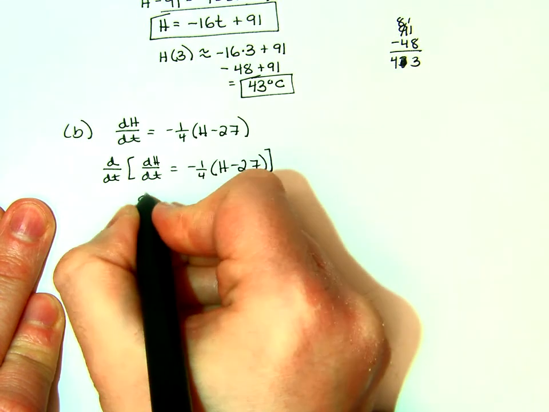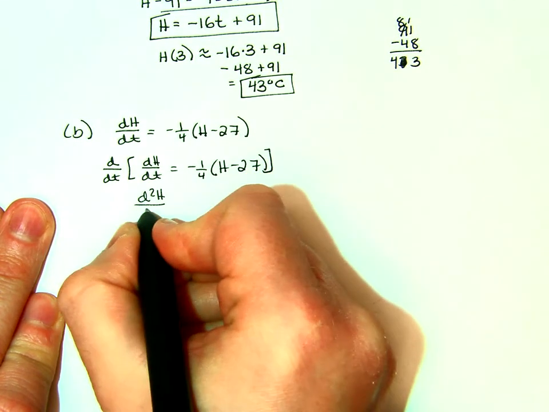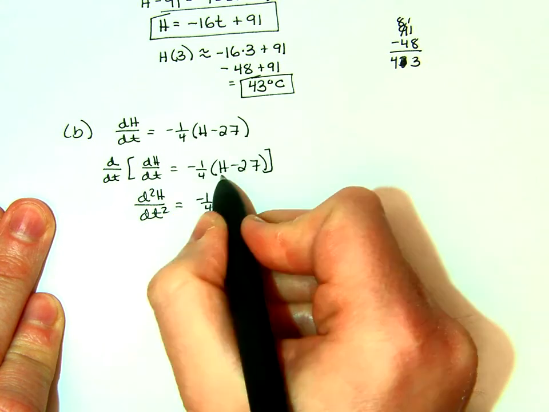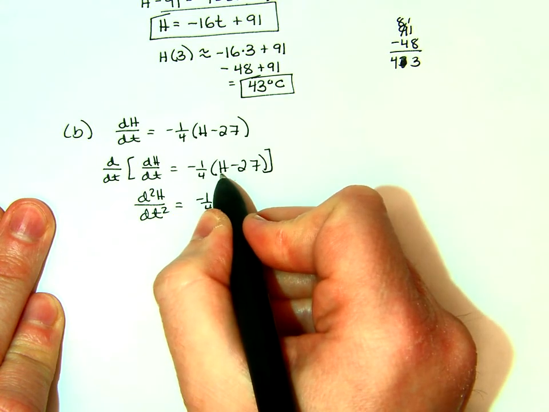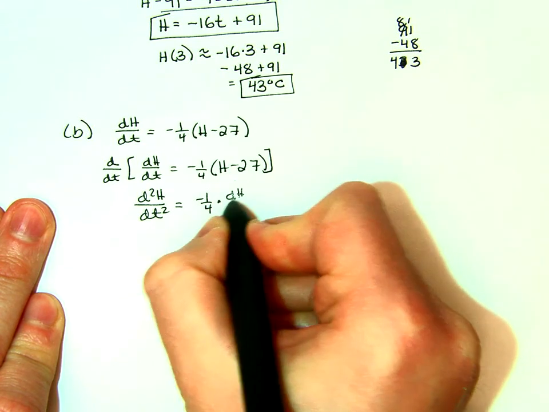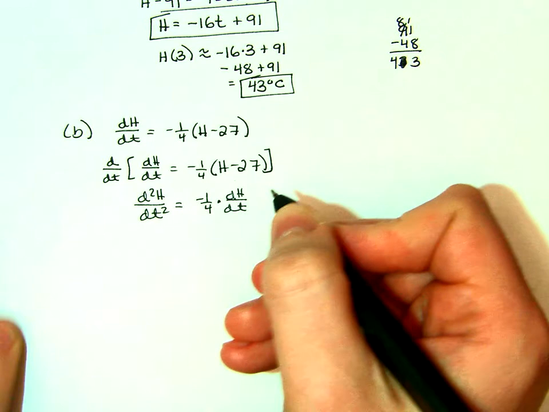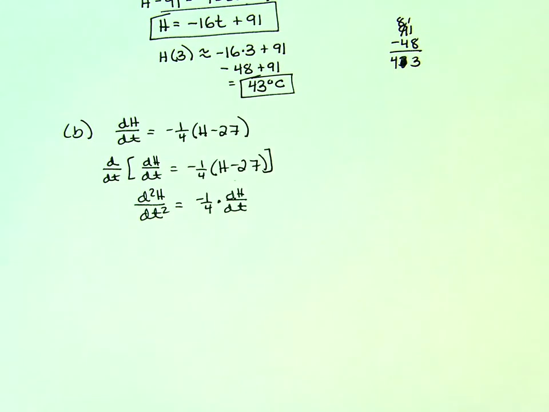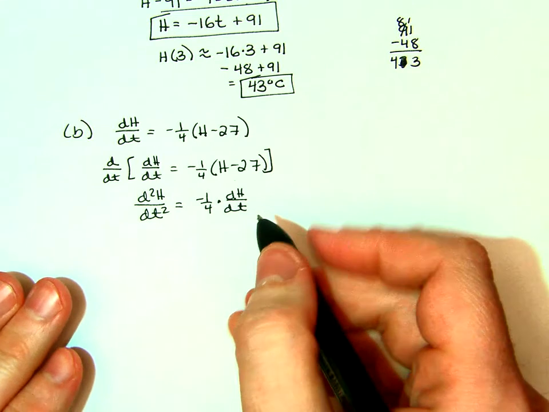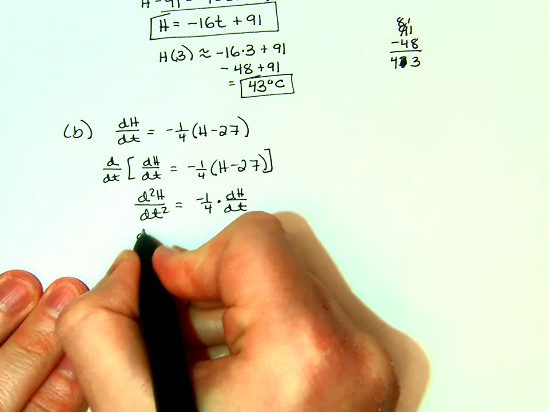But that's going to give me d squared h dt squared, my symbol for the second derivative, on the left. Negative 1/4 times the derivative of h, not 1, but rather dh dt. The derivative of negative 27 is just 0. So my derivative is negative 1/4 times dh dt. I should write this just in terms of h's and t's, no dh dt in there.